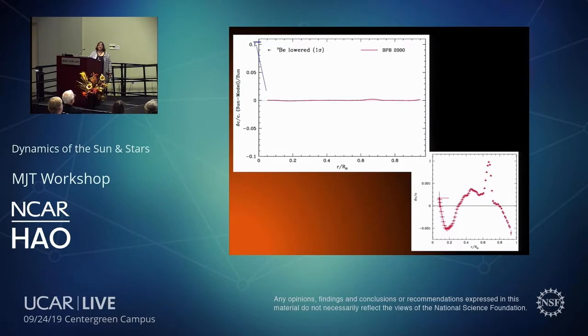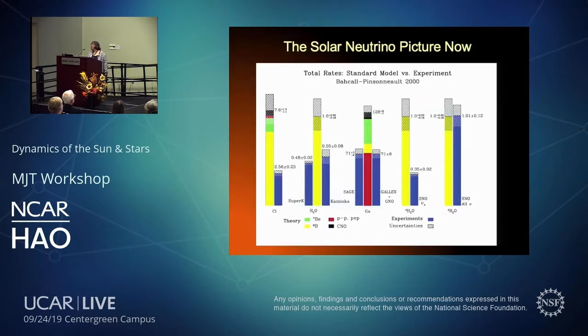So the solution, of course, we know turned out to be that neutrinos change flavors, they have masses, and since Sudbury can actually detect various flavors of neutrinos, we know now that our predictions are a bit embarrassingly good, they agree with the observations. So in some sense, in the solar physics community, in the astrophysics community, the solar neutrino problem is a done deal.